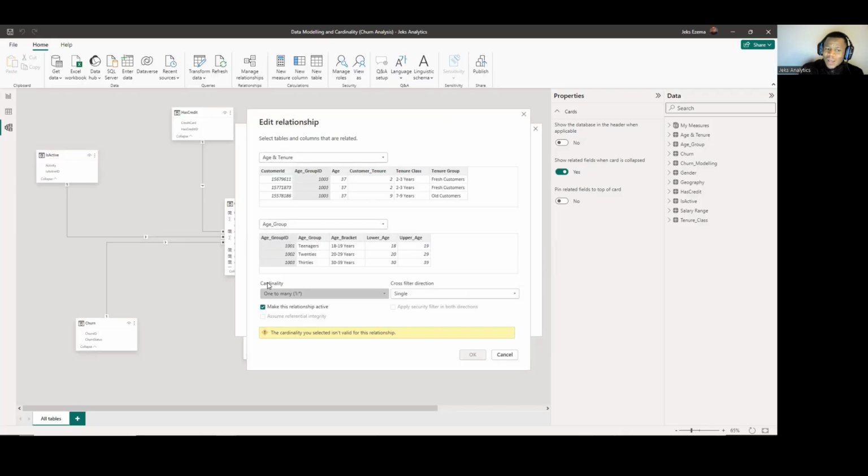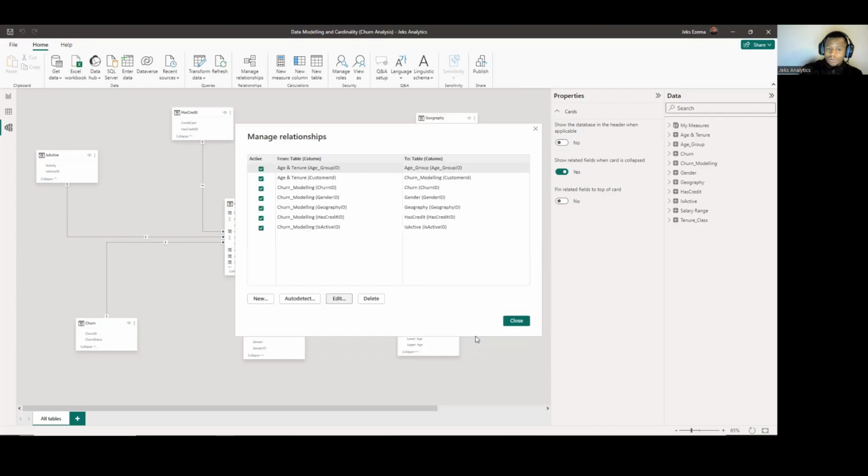So there is no way it can be one to many, because the fact table is the one that has to deal with many, while the dimensional table is the one that has to deal with what? One. So the best relationship here is what? Many to one. And your direction is what? Single, because that's just the only thing you need from there. And then you okay it.